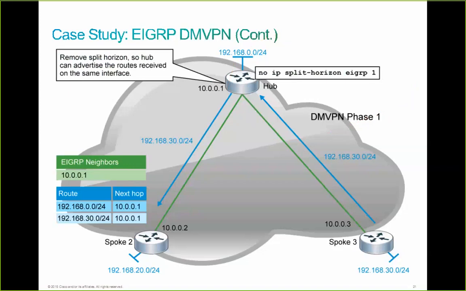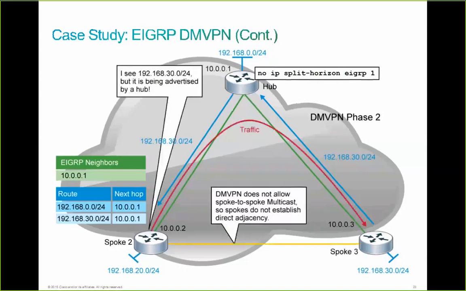Pretty straightforward. All right. Without that split horizon command, now we can route between the two spoke routers, the two networks, the 20 subnet and the 30 subnet, but that traffic still has to pass through the hub.